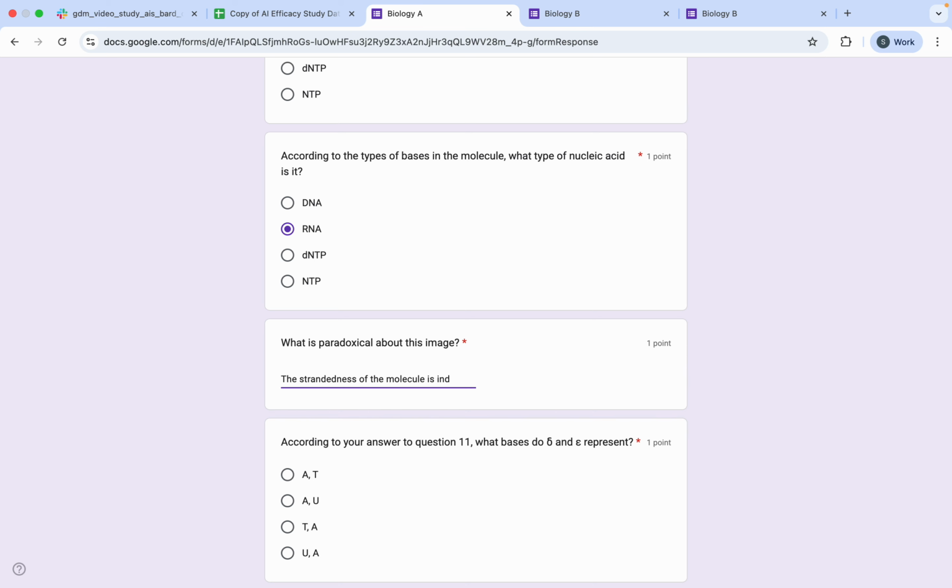The strandedness indicated is that of DNA, while the molecule contains uracil, which is a base that is RNA. But DNA molecules do not have uracil as a base.